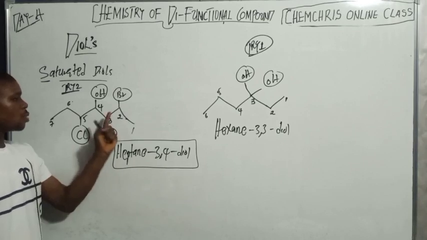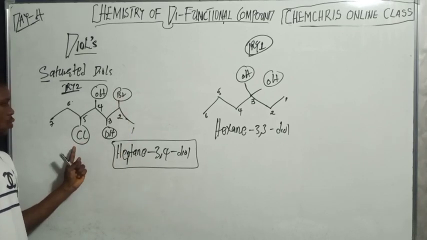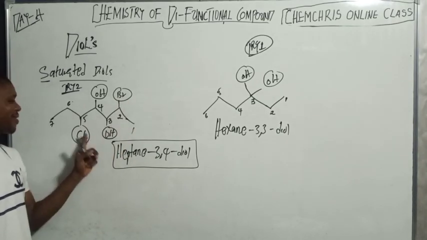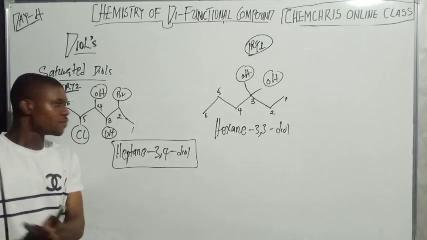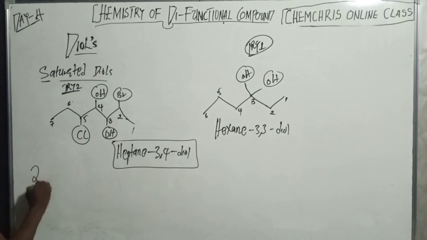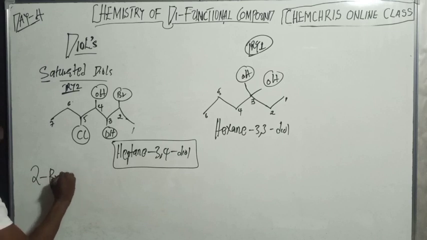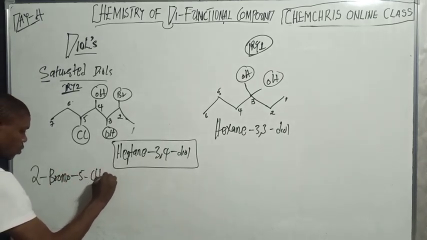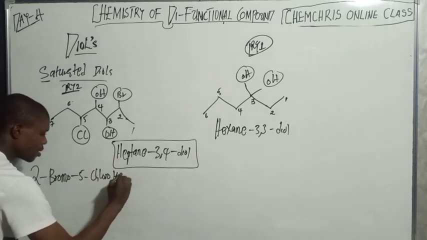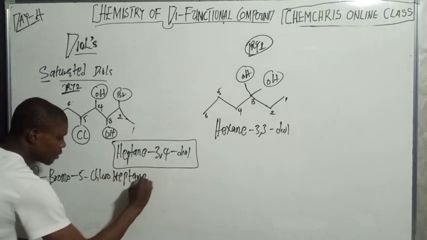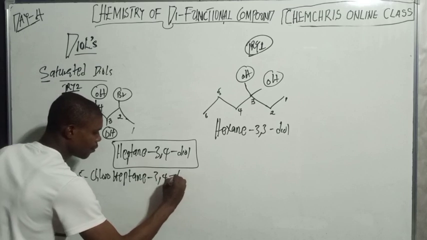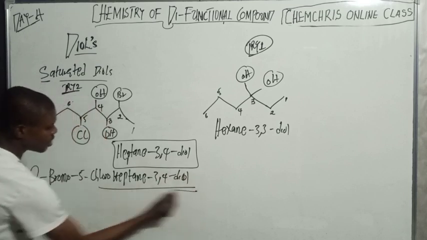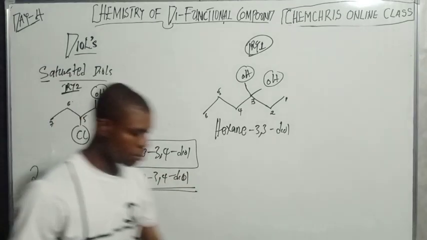What are you going to do here? Number 2 I have bromo, number 5 I have chloro. B will come before C in alphabetical order. So it's going to be 2-bromo, 5-chloro, heptane 3,4-diol. That is the name.